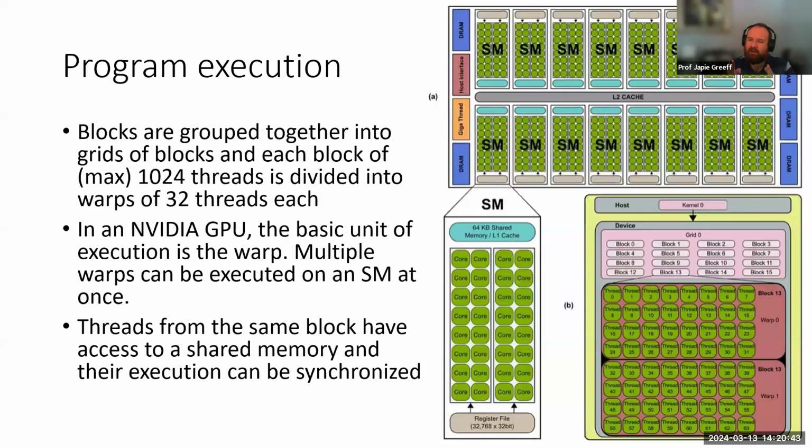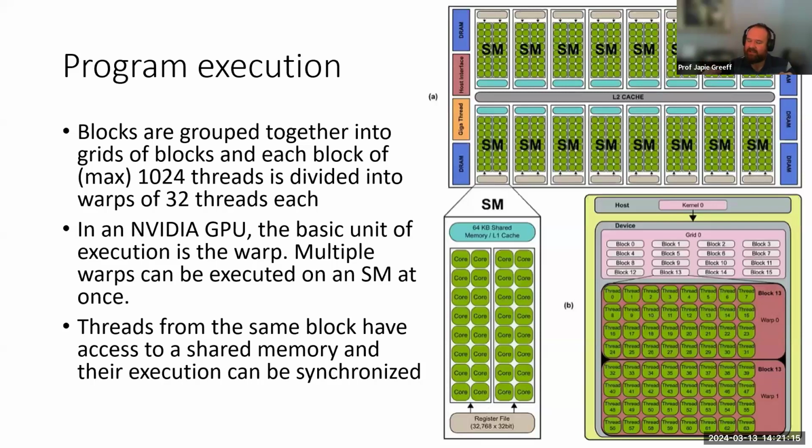And then inside of each of the streaming multiprocessors, the part that's in light blue is the shared memory, which is the level 1 cache, and a register file, which has just over 32,000 32-bit registers, and the little green circles being the cores. So that is the physical layout. Then on the bottom right, we've got the logical layout, where we show that we've got a kernel, which we'll talk about in a moment.